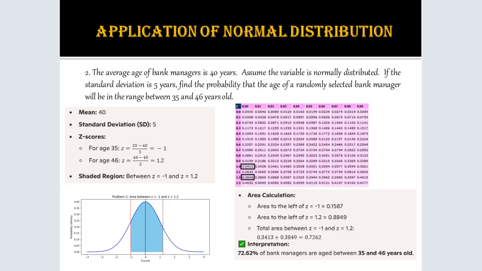Now, on the Z table, 1 is equivalent to 0.1587. Okay, and then, so mas focus na lang tayo dun sa baba. That is 0.3413, and then for the 1.2, that will give us 0.3849. Then what we need is from -1 to 1.2.